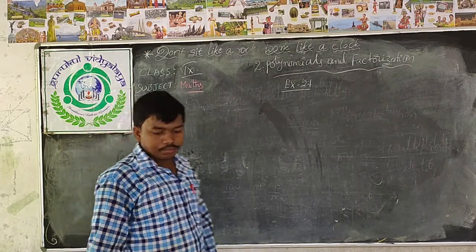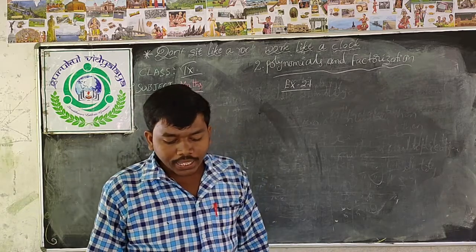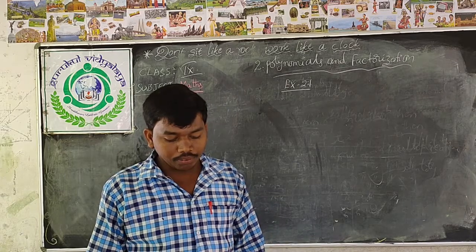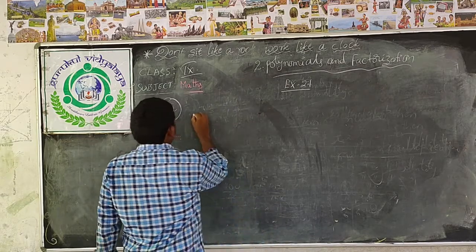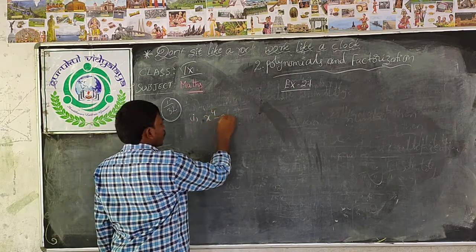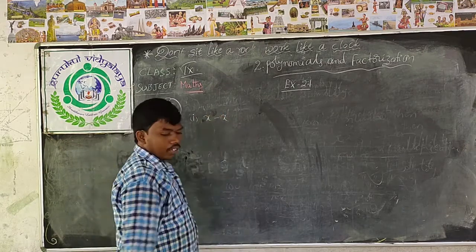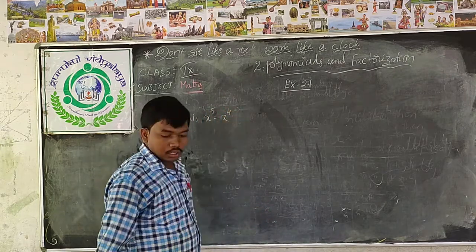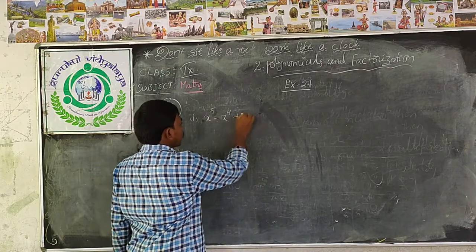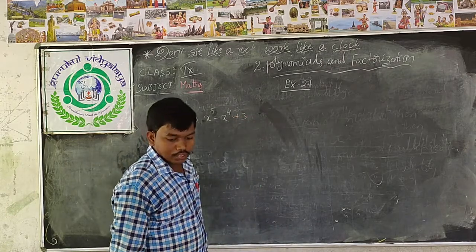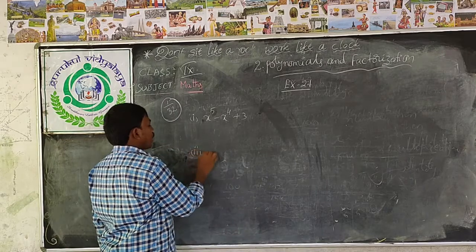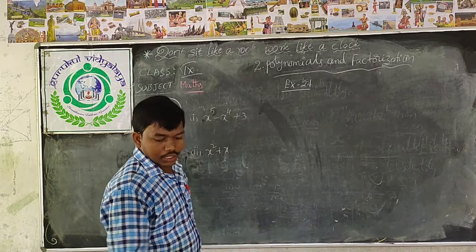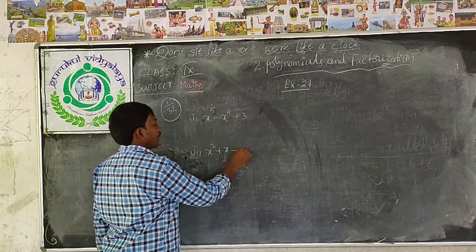See the children, find the degree of each of the polynomials given below. The first one, x power 5 minus x power 4 plus 3. Okay, the next one, x square plus x minus 5.